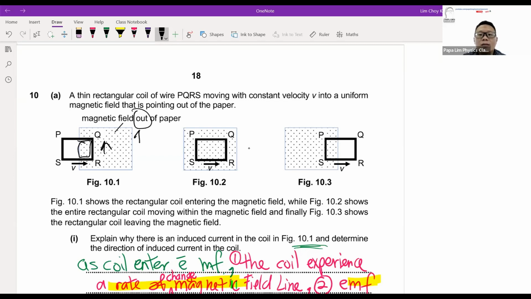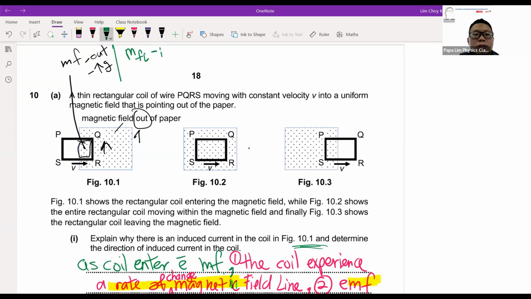So if the field line is increasing, out of the paper and increasing, for example, if I write it out, it will be more obvious. The field line experienced will be out of the paper, and it's actually increasing. So by Lenz's law, the induced current or the induced magnetic field lines, the induced pole, must be opposite.